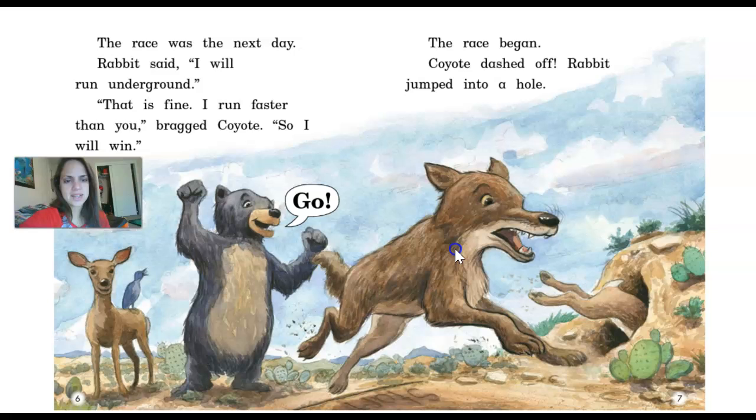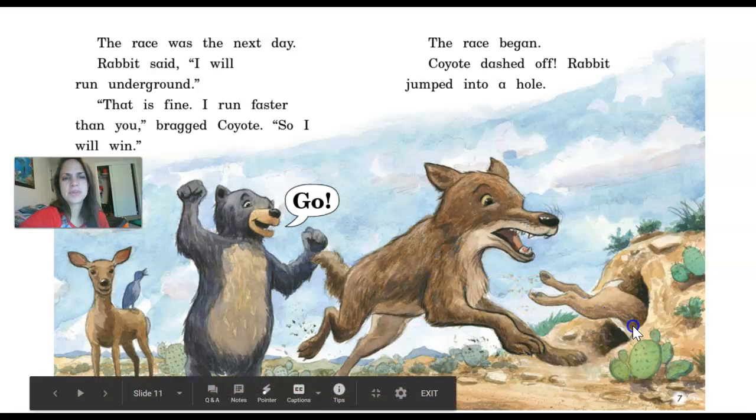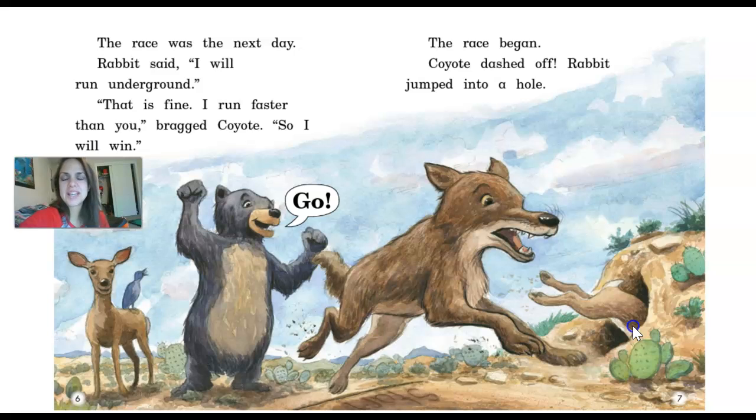Yeah, Coyote is staying above ground during the race, and Rabbit jumps down the hole. And I remember he asked his brothers for help. So what do you think is going to happen? How is Rabbit going to get what he wants? How is he going to win this race?